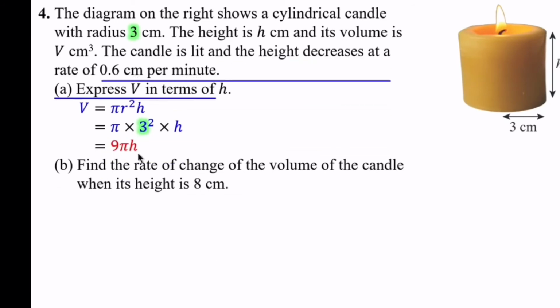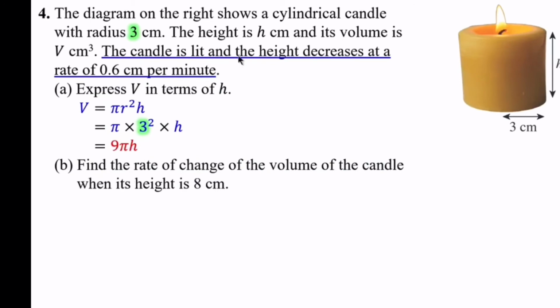So the candle is lit and the height decreases at a rate of 0.6 centimeter per minute. So it means that dh/dt is equal to negative 0.6 centimeter per minute, because the height decreases, right?